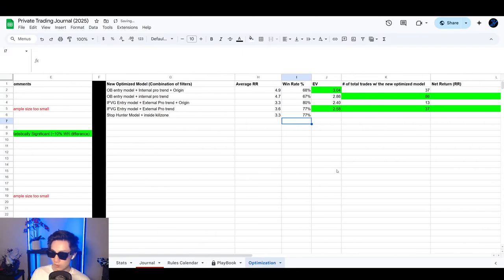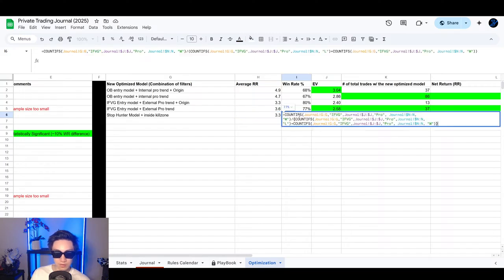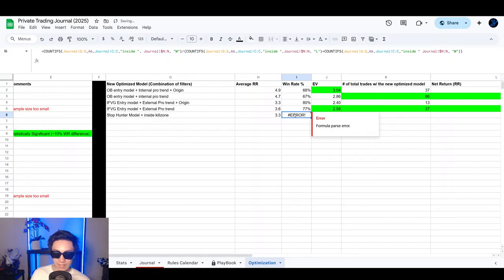So that's copying the old win rate system there. Now we have to just copy this here, since this is the new filter. And then we take this here, do that, and then we take this here and do that. Oh, okay, I did it wrong here. Let me check this formula here.